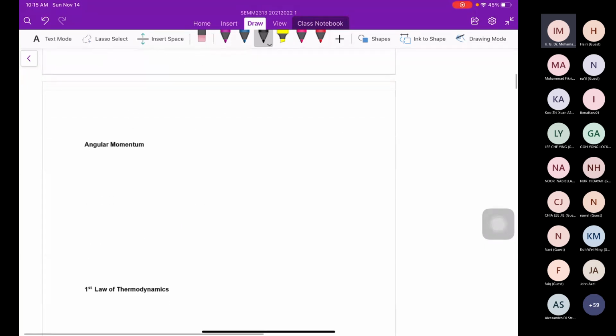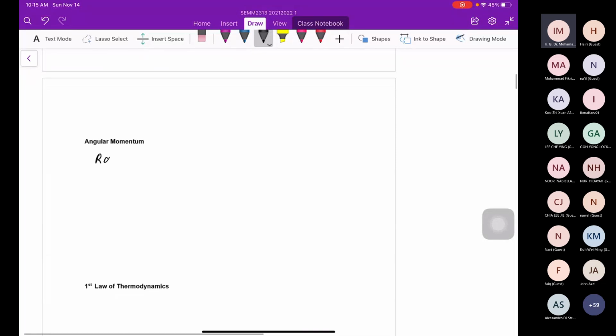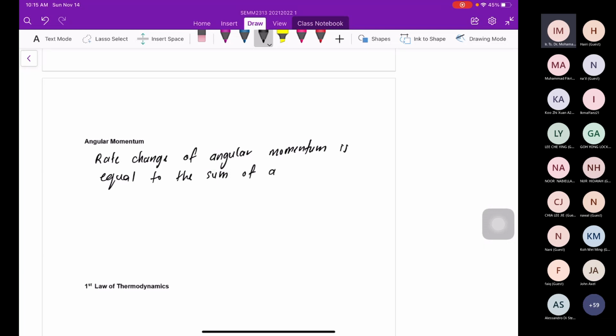And then we go to the angular momentum, which is the rate of change of angular momentum is equal to the summation of all moments acting on the system.